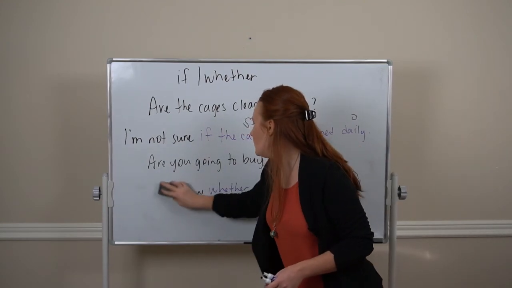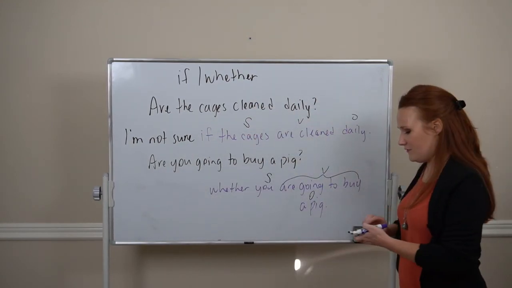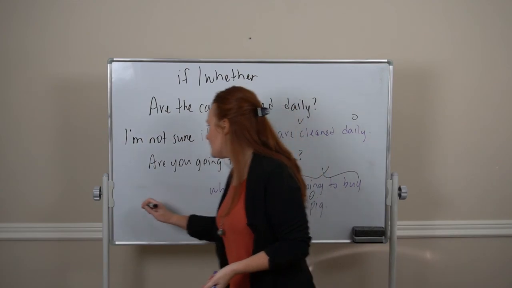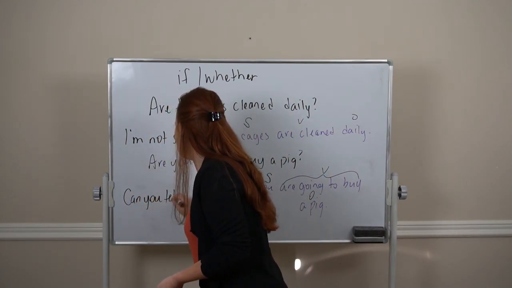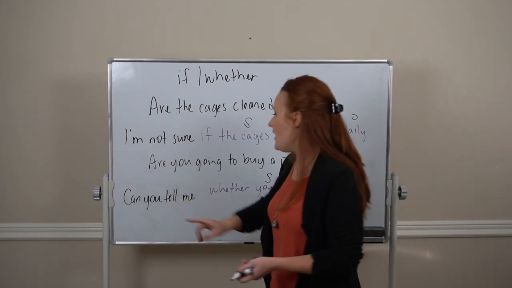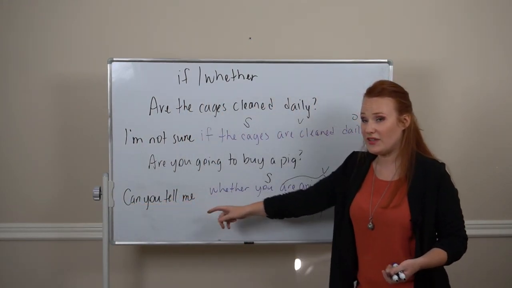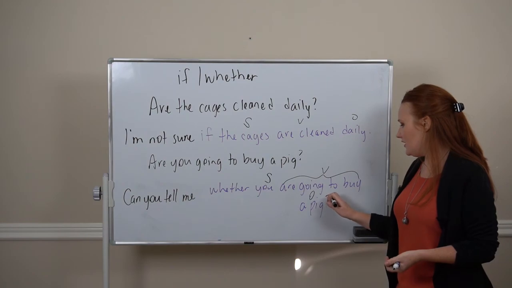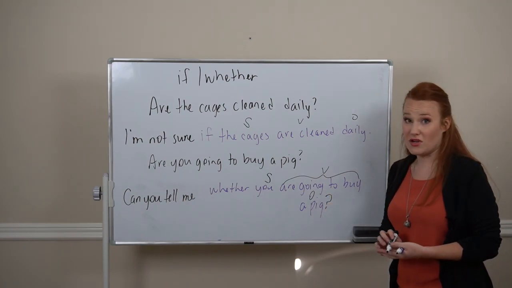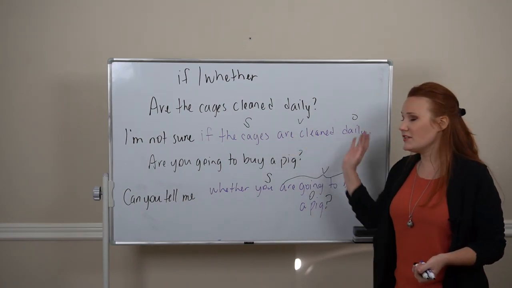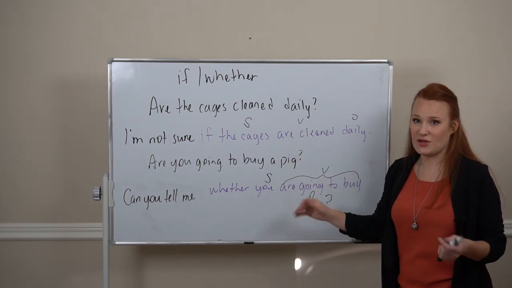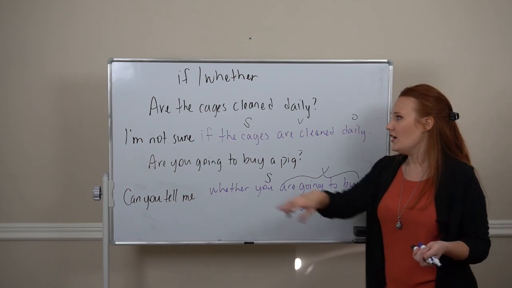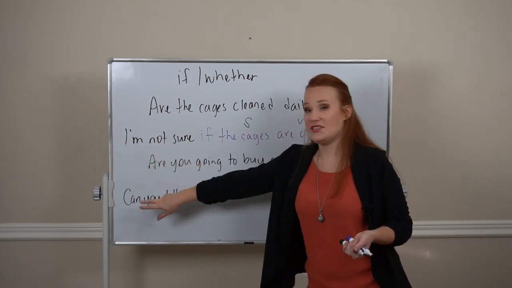But if our initial clause is maybe, can you tell me? So now we've got a question, can you tell me? So at the end, we need a question mark. So all of our embedded questions come from questions, but they don't matter for period or question mark. All that matters is that introductory clause.